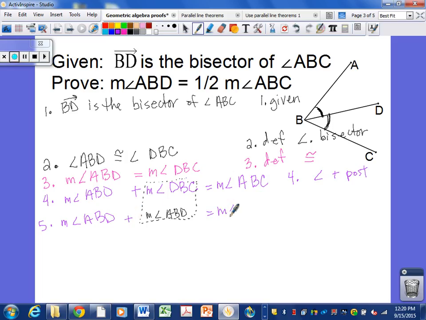Okay? What we have used is, once again, substitution. Okay, substitution. So now, just like before, we can add these things together. One of these angles plus one of these angles is 2 angles.